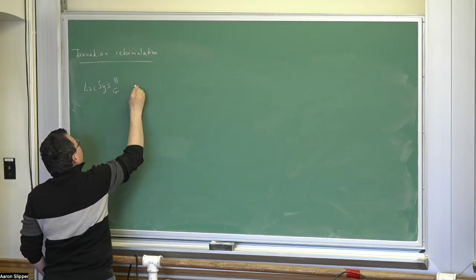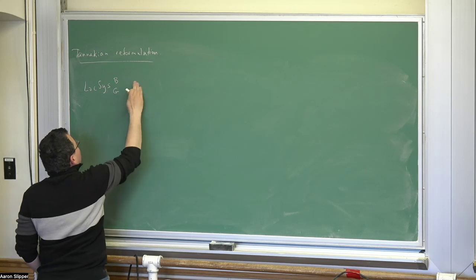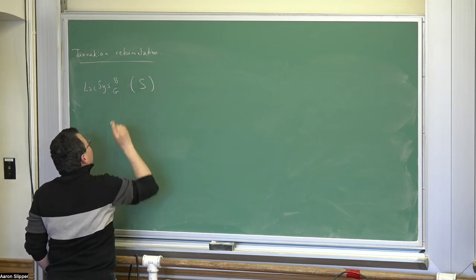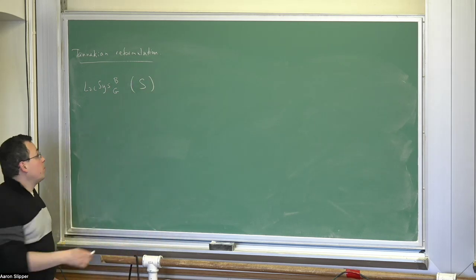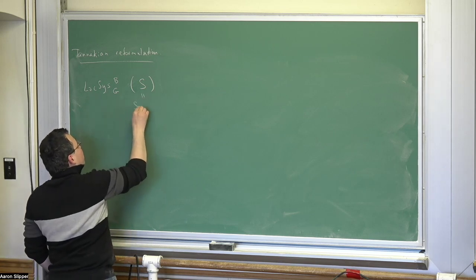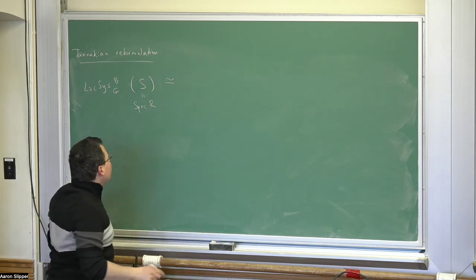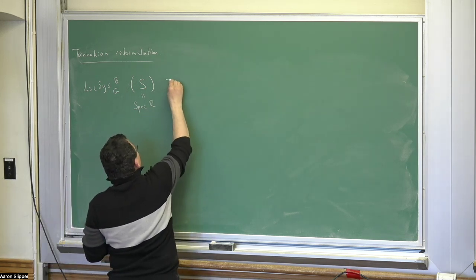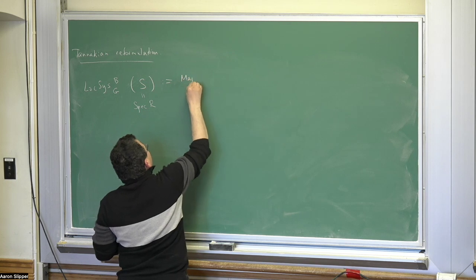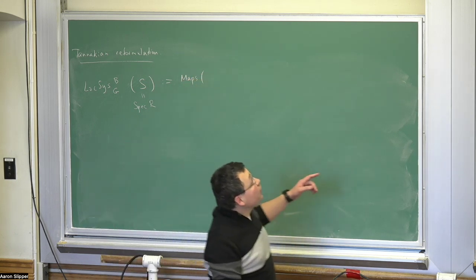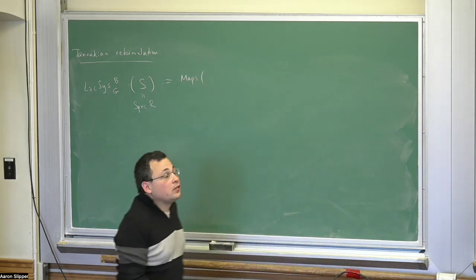So this is going to be isomorphic to, let me say it like this, S-points, where S is some test affine scheme. By definition, I said this was maps, that mapping stack right there.